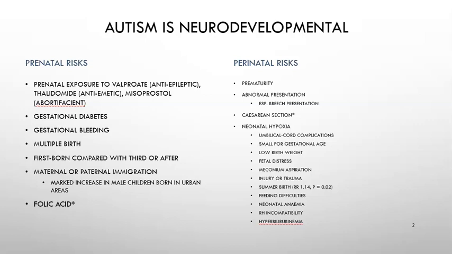A cesarean section, so a C-section, again, this one is a debated risk. The debate ranges as an independent risk factor, as many data sets are confounded by the fact that a breech presentation is both a risk for autism and a common cause for cesarean.